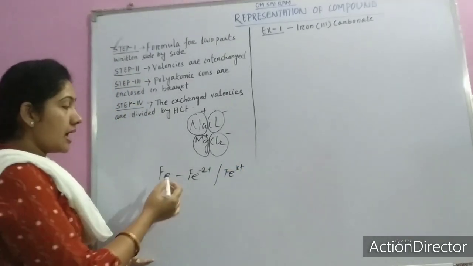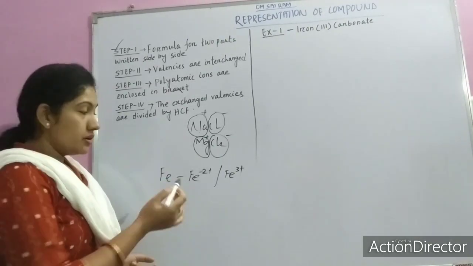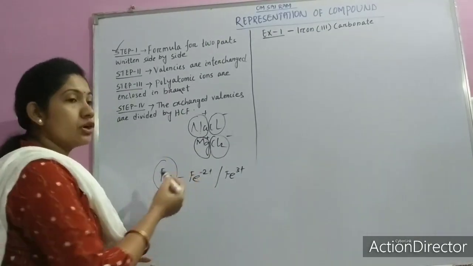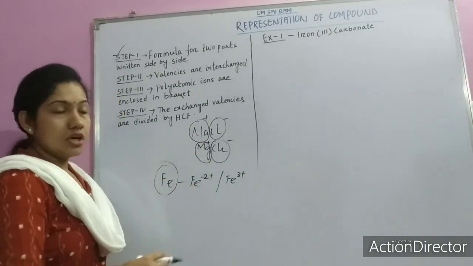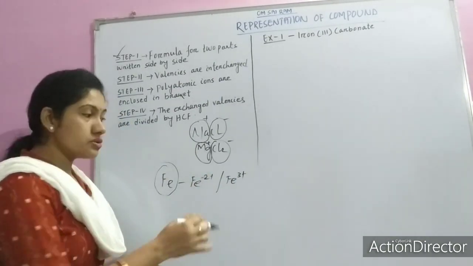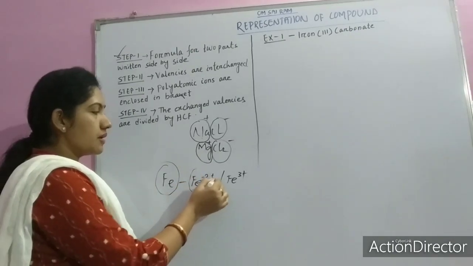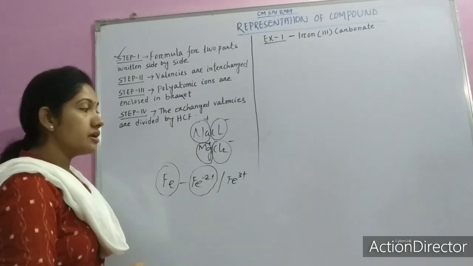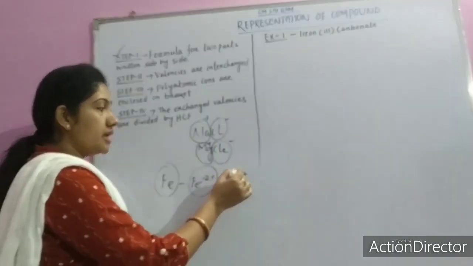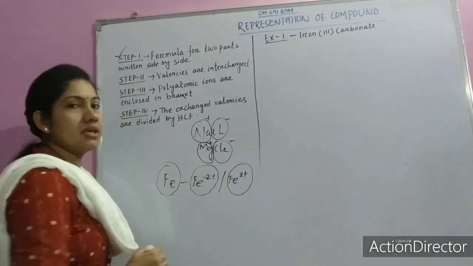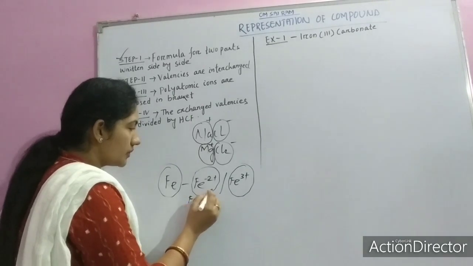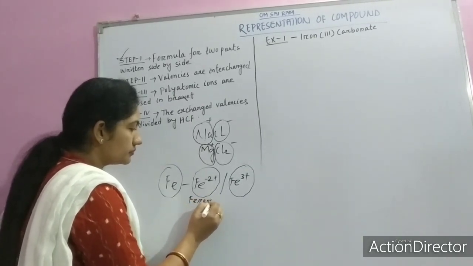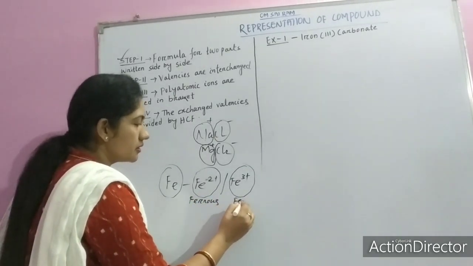Iron can give 2 electrons or sometimes it may give 3 electrons. When iron loses 2 electrons, it will be in its Fe2+ form. When iron loses 3 electrons, it will be in its Fe3+ form. This is called ferrous and this is called ferric.